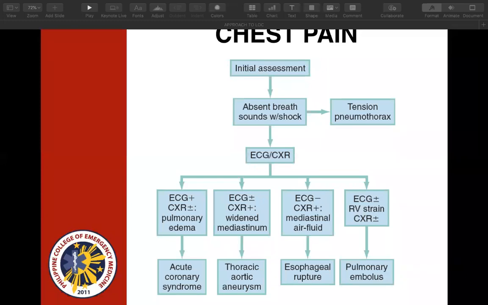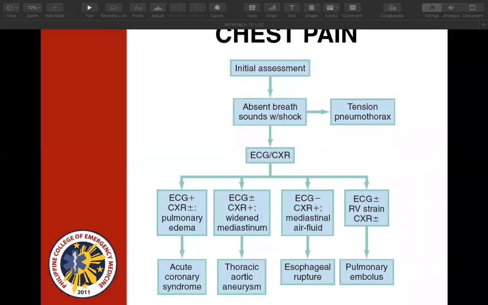So upon initial assessment, you get a brief history of the patient, a physical examination, and even the vital signs of the patient. Now you ask, is there absence of breath sounds and is there shock? If there is absent breath sound on one side of the chest, you think of tension pneumothorax. If none, then you proceed with your 12-lead ECG and your chest X-ray.